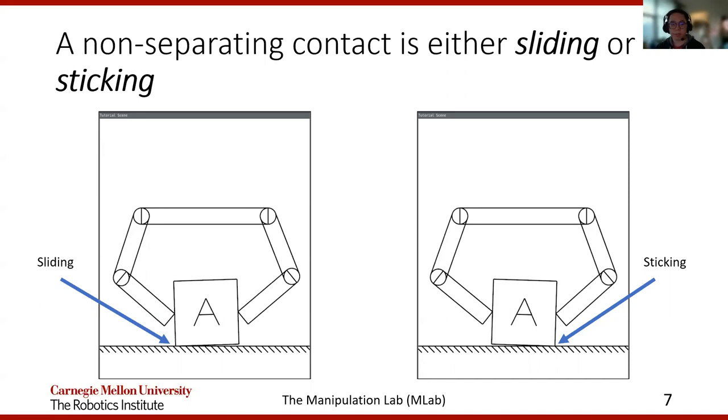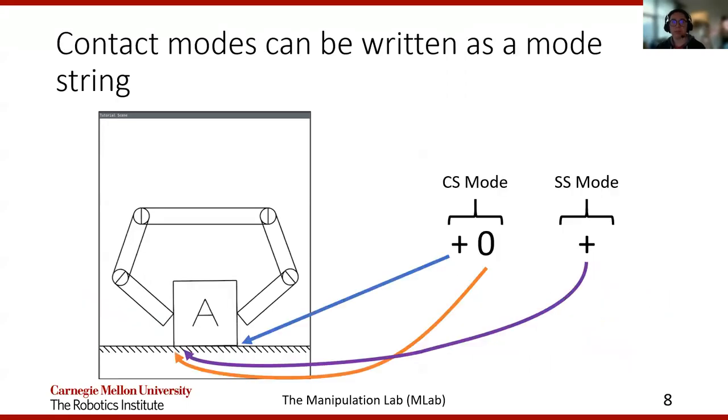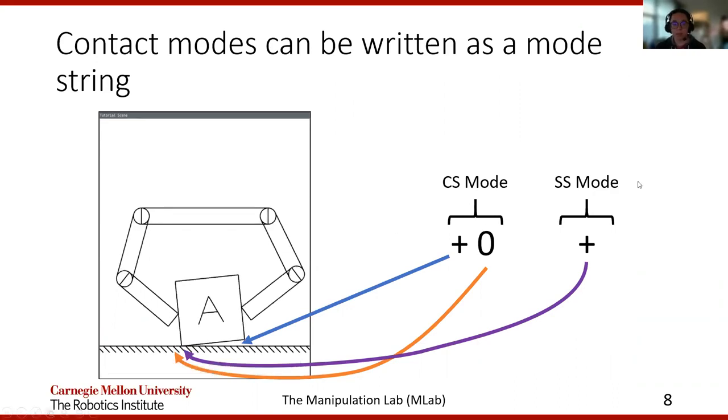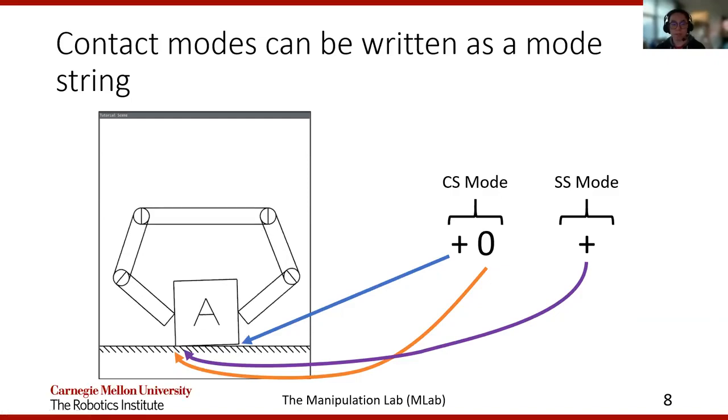during the manipulation. We can write contact modes as a mode string. So this string is +0+, and we can partition it into the contacting-separating mode and the sliding-sticking mode. Here, the contact on the right is separating. So the mode is plus for separation.